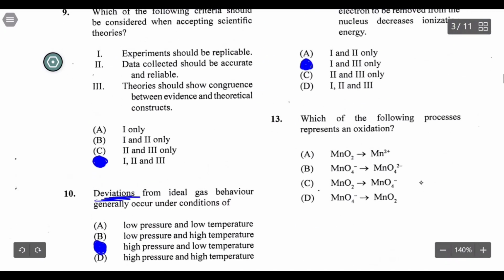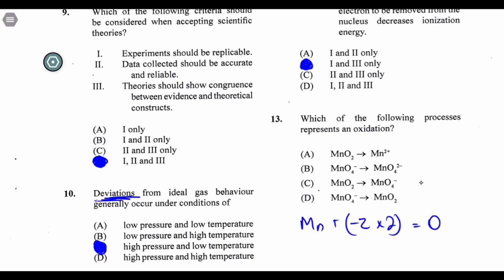Number 13. Which of the following processes represents an oxidation? Now you need to work out the oxidation state of manganese in all of these. Let's do MnO2 first. Mn plus minus 2 times 2, because there are 2 oxygens, is equal to 0, because there's no charge on the entire thing.